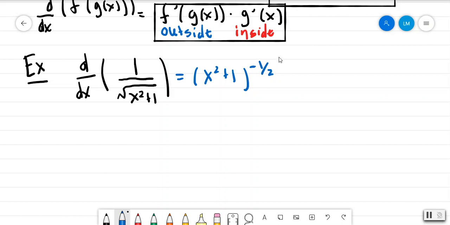Now, here's where you can use the chain rule. The outermost function is the parentheses to the negative 1/2, so you apply the power rule.